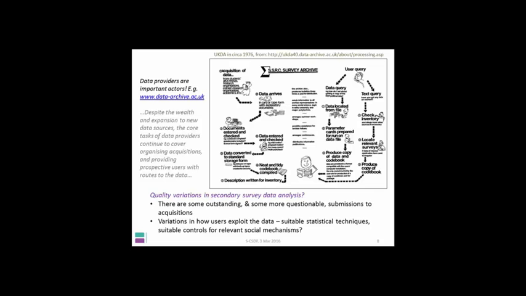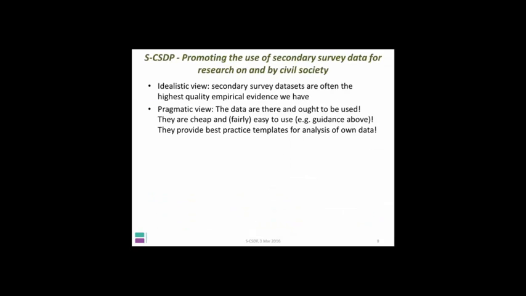And we do see variations in quality of exploitation of survey data as well. Again, whilst secondary survey data resources are exciting, high quality resources, not everybody using them is exploiting them with high quality techniques of analysis. So there are questions and limitations in the area.